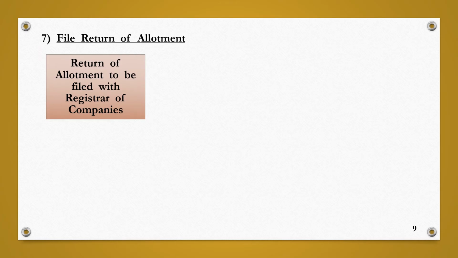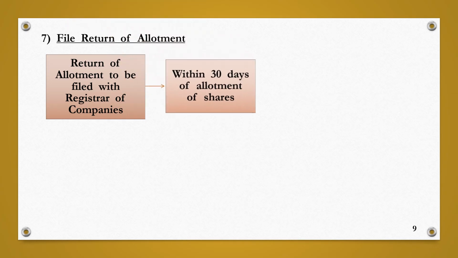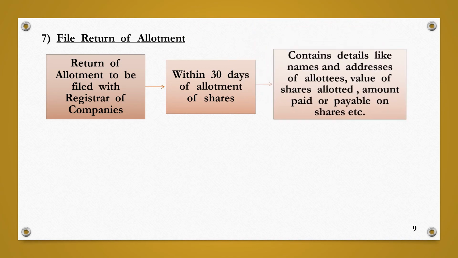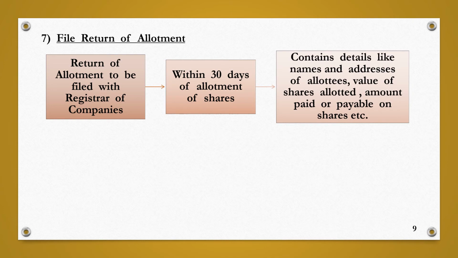For this purpose, the company secretary needs to file a return of allotment. This return gives details like names and addresses of the allottees, values of the shares allotted, amount paid or payable on each share, etc.